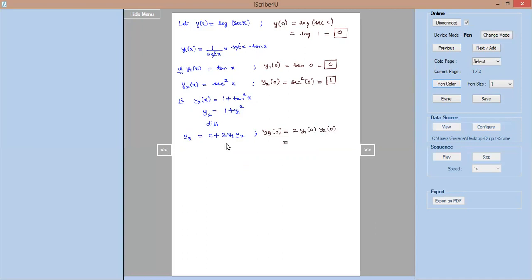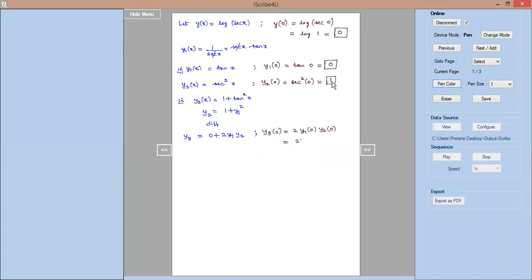So this is the expression we have for y3 of x: 2 into y1 into y2, which is the same as 2 into y1 of x into y2 of x. So taking x equal to a equal to 0 for the Maclaurin series expansion, y3 of 0 will be 2 into y1 of 0 into y2 of 0. Now we are familiar with these values: y1 is 0, y2 is 1.